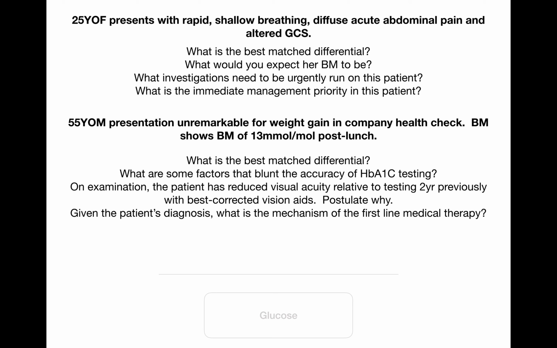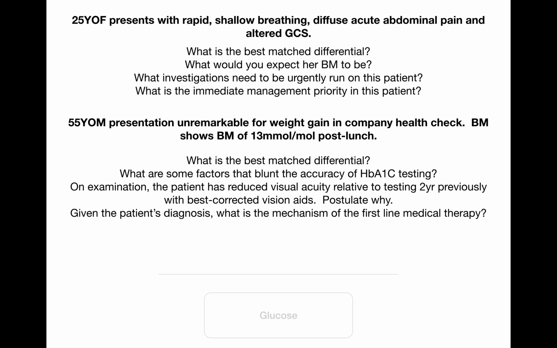Post-lunch, we said that less than 7.8 is normal, 7.8 to 11 is impaired glucose tolerance, and over 11 is diabetic. So the patient is diabetic on BM, because it's post-meal. He's 55, male, he's in the perfect demography for it, and he has no other signs apart from a bit of weight gain.